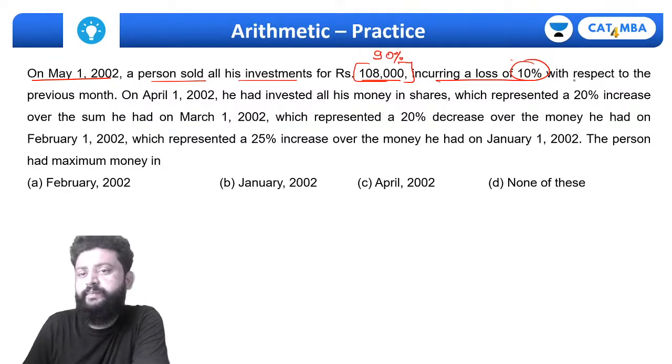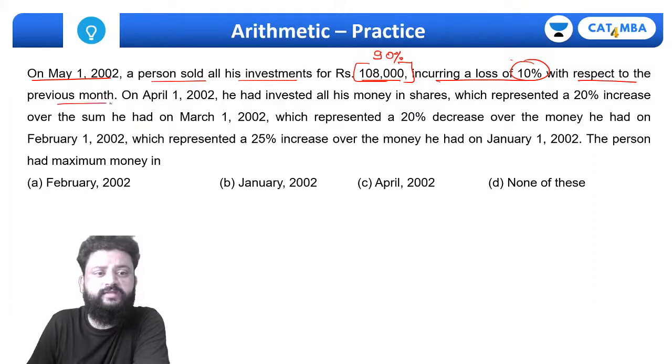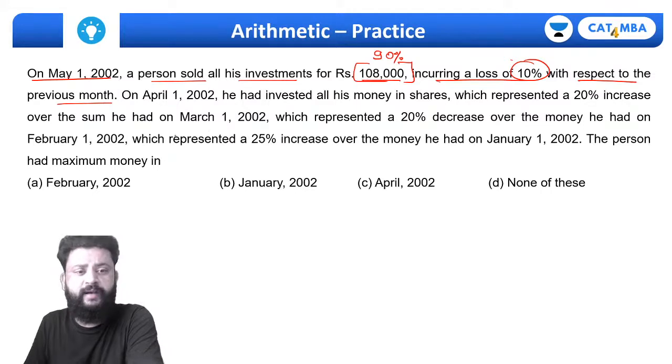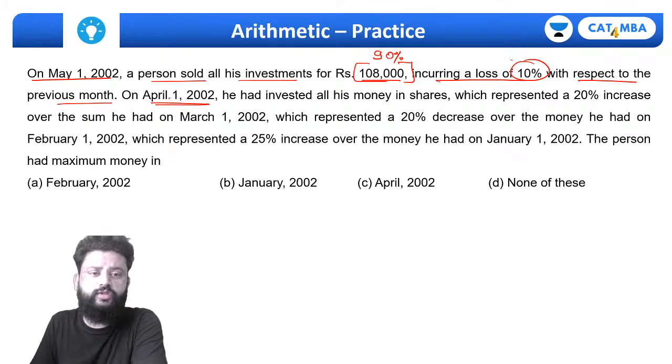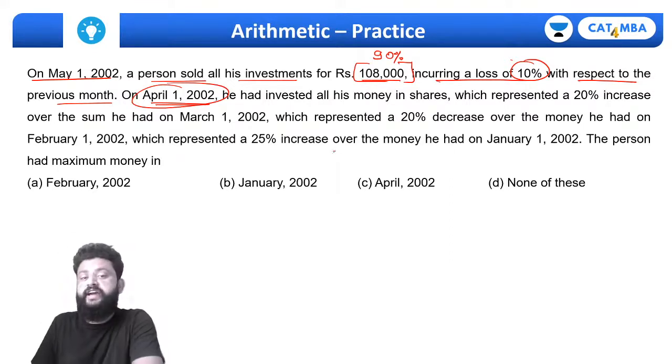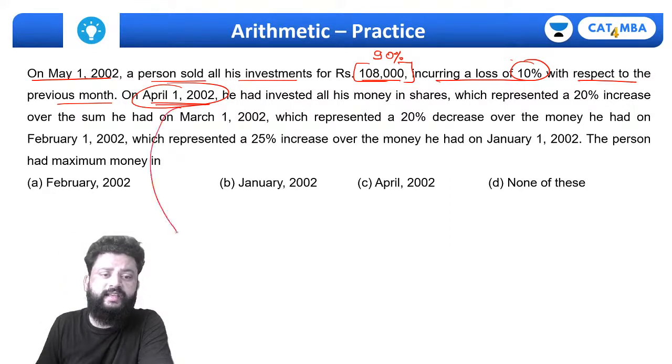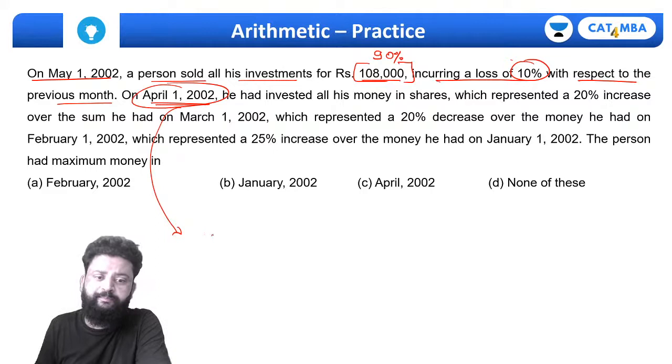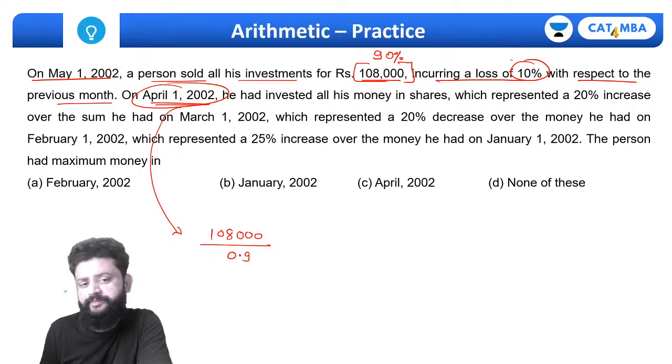So as compared to the previous month, May 1st है, तो मई से पहले क्या आता है, अप्रैल. On April 1st 2002, यहाँ पे उसका income कितना होगा ये अगर तुम्हें पता करना है तो basically तुम्हें 1,08,000 divided by 0.9 करना चाहिए, right?